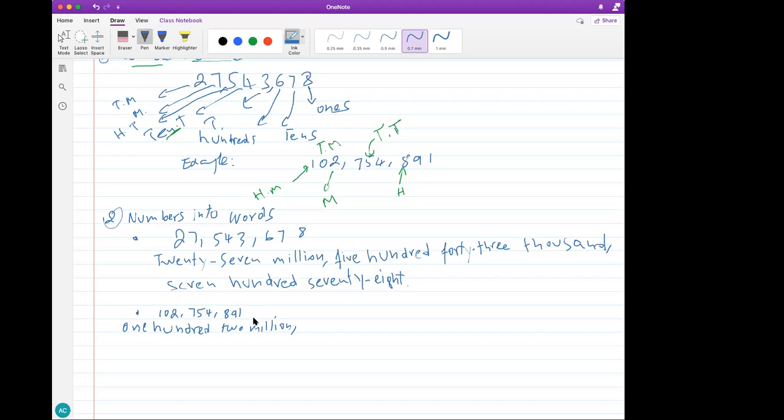Okay, the second group here. Could someone say this for us? 754,000. Okay, 754,000 without the "and." There's no "and" when you write whole numbers. There is no "and" anywhere unless you're dealing with decimals. That's when you turn the decimal point into the word "and." If you have 0.5, you say "and 5." But for whole numbers, there is no "and" anywhere.